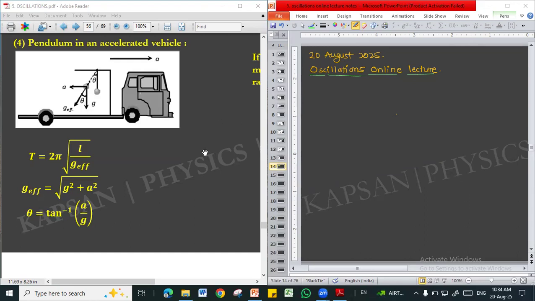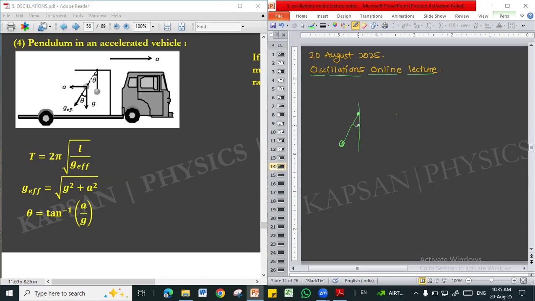So last time we discussed what if the pendulum is in an accelerated vessel or accelerated vehicle. For an accelerated vehicle, if you attach the frame of reference to the vehicle itself, then with respect to the vehicle the pendulum will be at rest, but it will make some angle with the vertical.